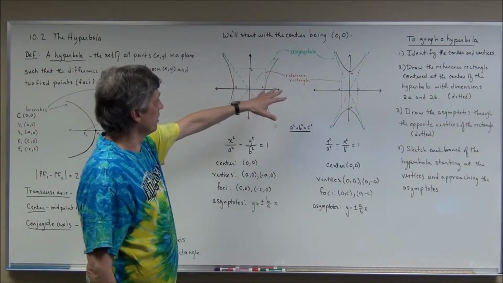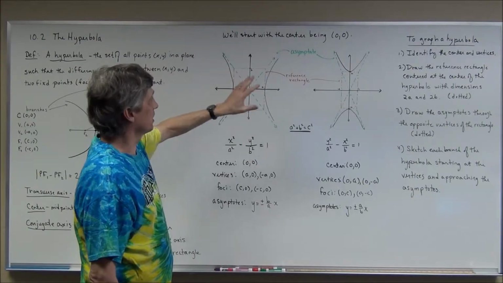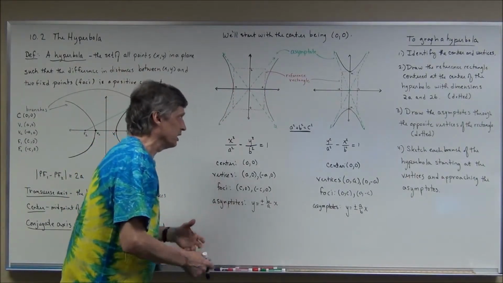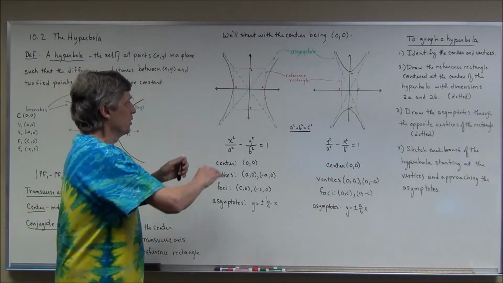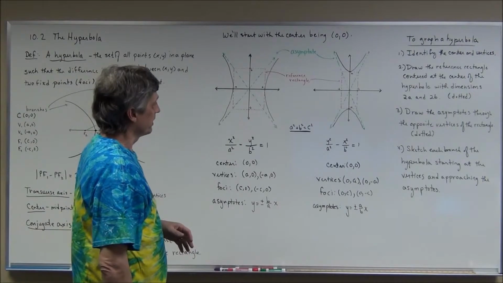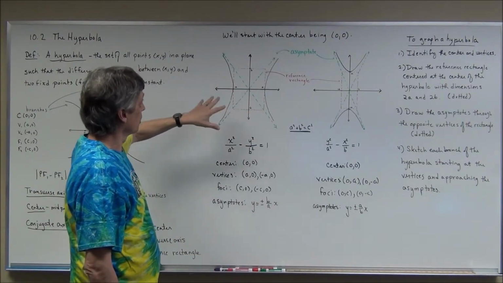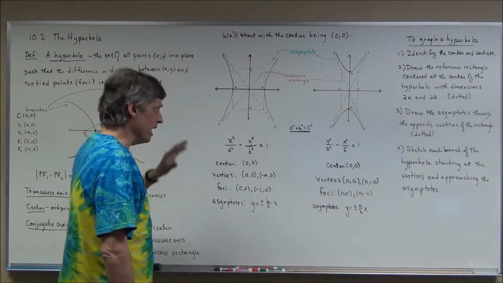So in my drawings here, just like I did with ellipses, I'm starting with hyperbolas that have a center at 0, 0. They're the easiest and the most simple equations to work with. And I've got all sorts of things drawn here with some dotted lines and line segments and some curves in black. Well, all the stuff that's dotted is not part of the graph.